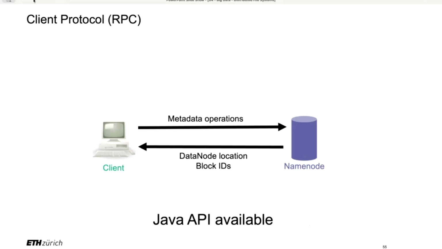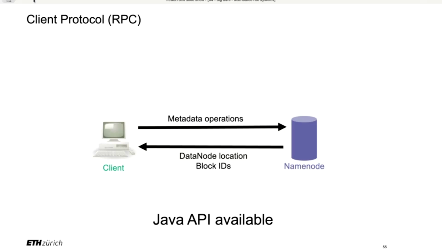So the client protocol is when a client wants to do something with HDFS. Well, the default answer is you connect to the name node. That's your first point of contact. Technically speaking, it's an RPC, a remote procedure call connection, right? So it's like you have a language, and it feels like you're talking to a local program, but in fact, it's all sent over the network and back.